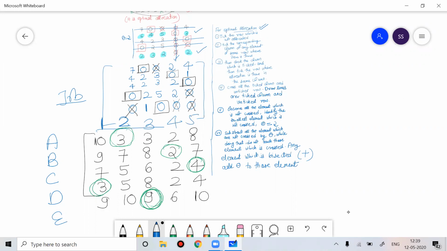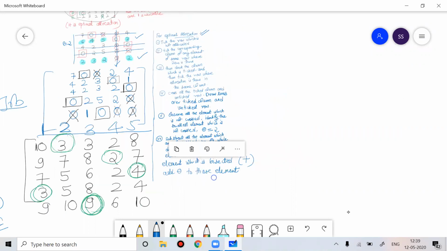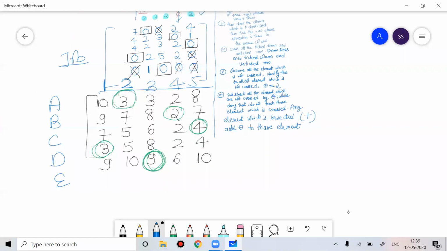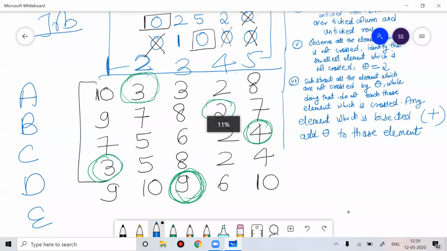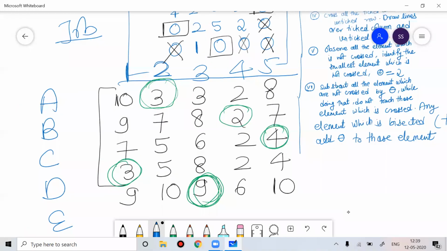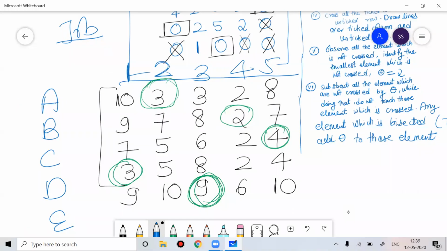So mechanic A got job 2, mechanic B got job 4, mechanic C got job 5, mechanic D got job 1, mechanic E got job 3.